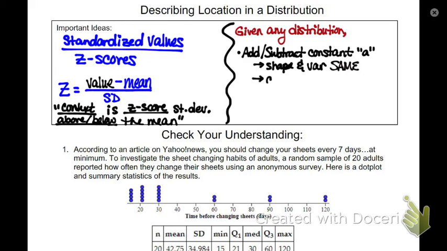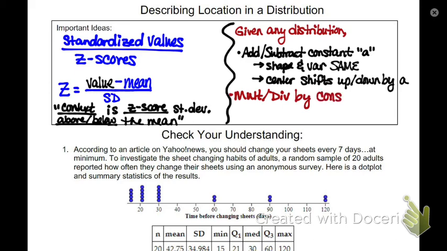Center shifts up or down by A. Multiplying or dividing by a constant, I'm going to call this one B. Shape stays the same.